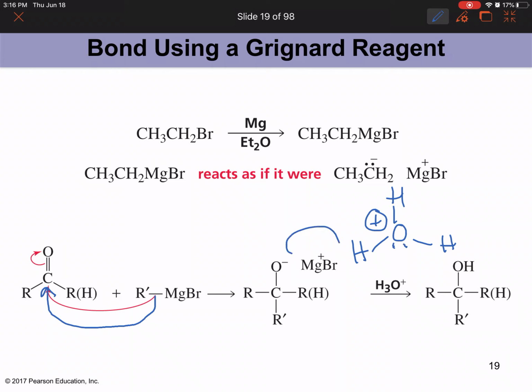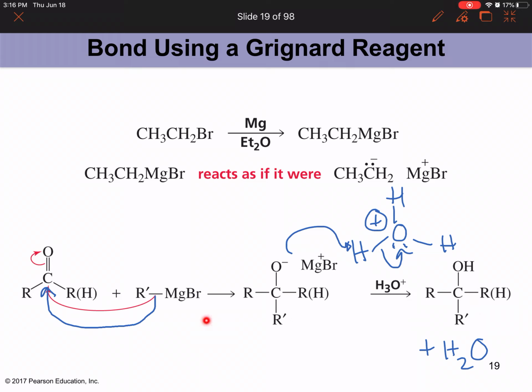So this oxygen-minus grabs a hydrogen, and the hydronium gives its electrons to the oxygen, generating water. So this O minus will become OH. Now you have created an alcohol.